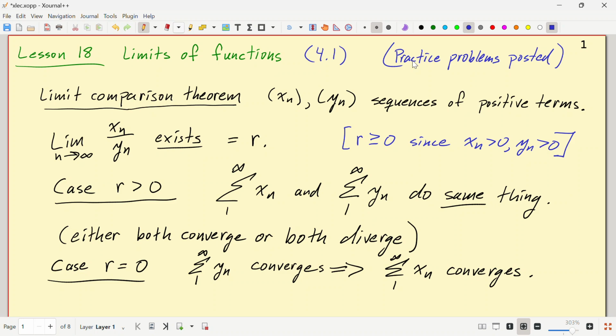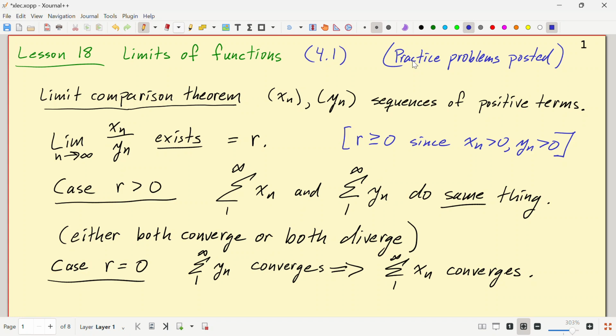And so we assume that the ratio xn over yn, limit as n goes to infinity, exists. And that ratio of positive terms, the limit would have to be greater than or equal to 0. Okay. If it's greater than 0, that kind of means that xn over yn look like a ratio r. So one would be r times the other, in the limit at least.